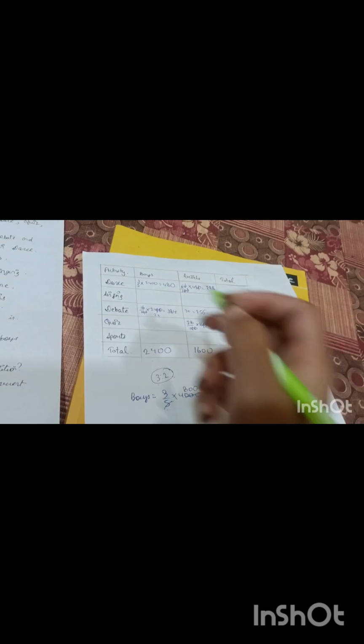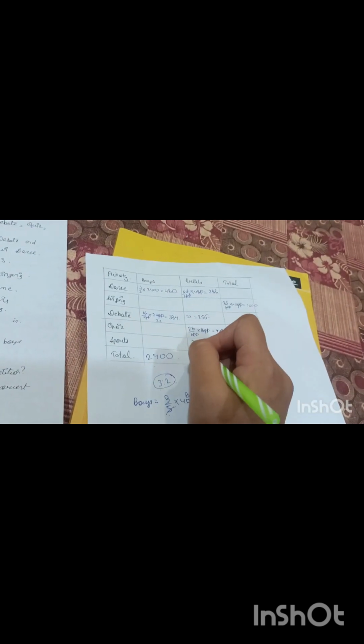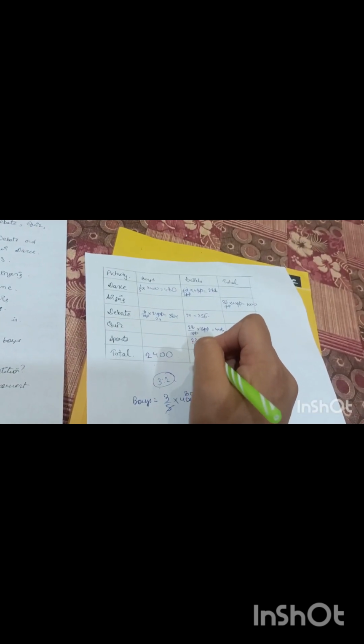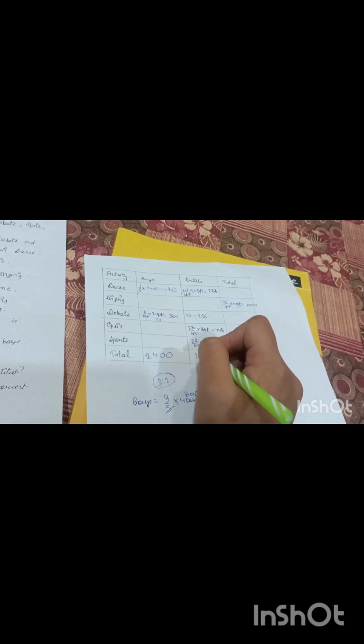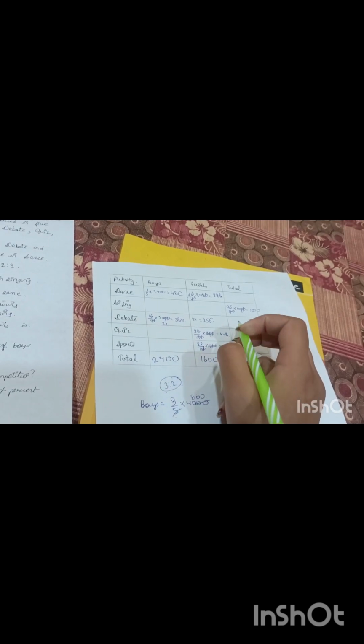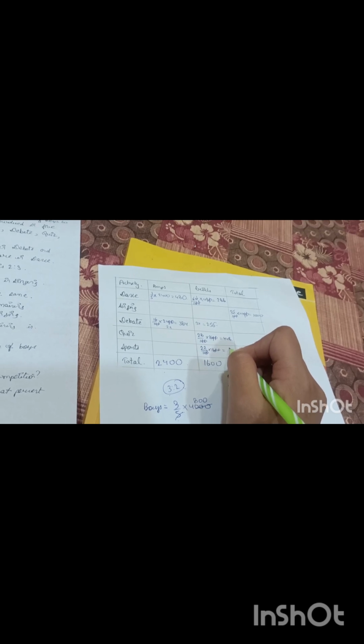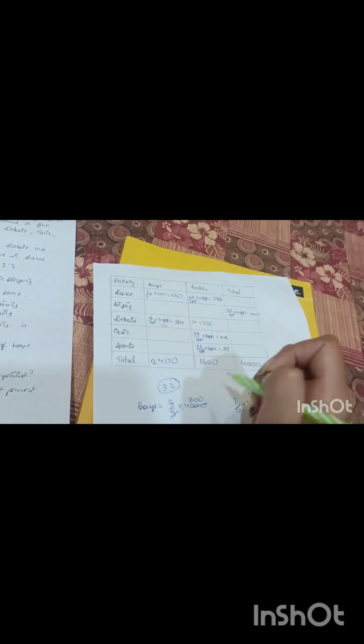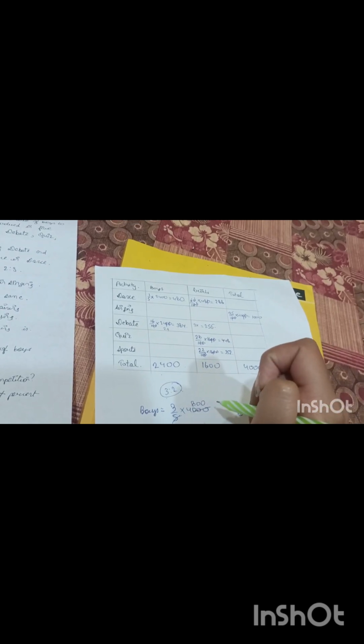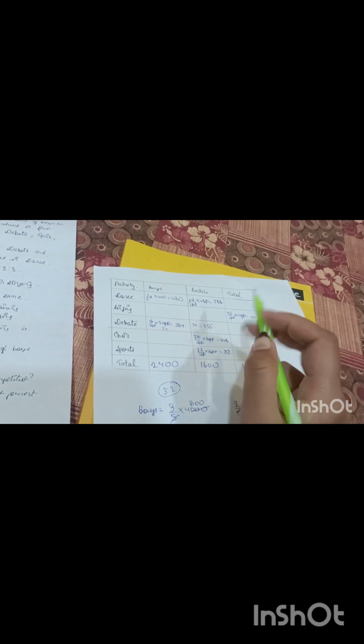Okay. Now 22% of the girls are in sports. In sports, girls. So if we solve, we'll get the value as 352. Okay. Then the remaining girls are in singing. Remaining girls.